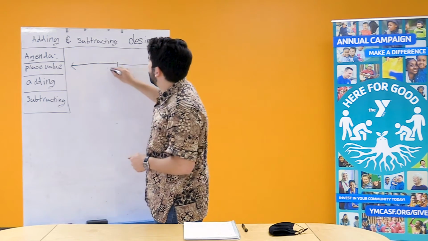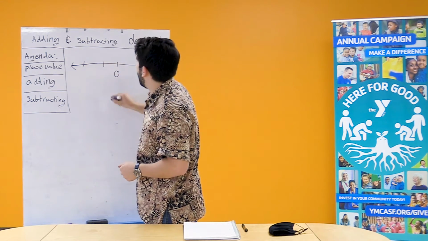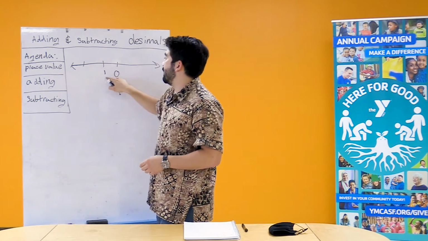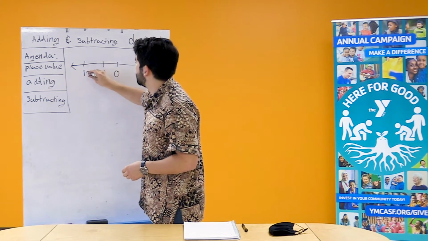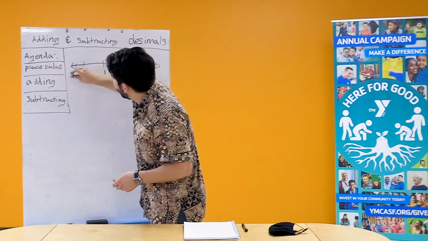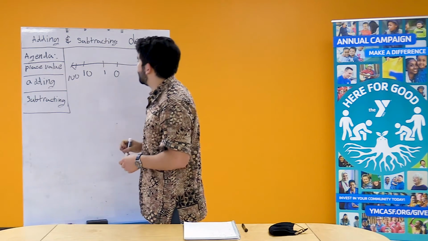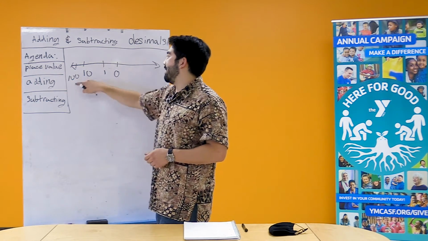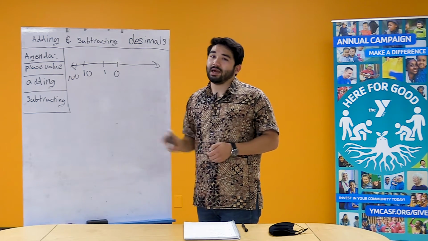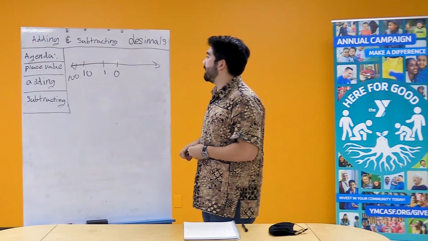So positive place value, we have our ones spot, so that represents 1 through 9. We have our tens spot, so that's 10 through 99. We have our hundreds, thousands, and so on. When we look at our decimals, we actually have a very similar place value.